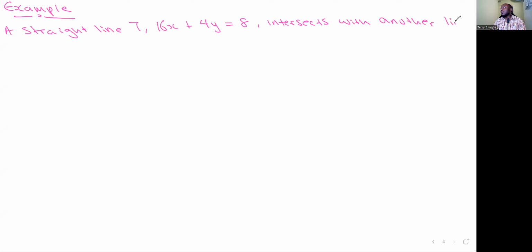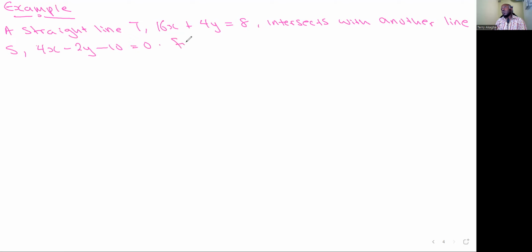So we have a straight line, T, having 16x plus 4y is equal to 8, intersect with another line, S, having 4x minus 2y minus 10 is equal to 0.